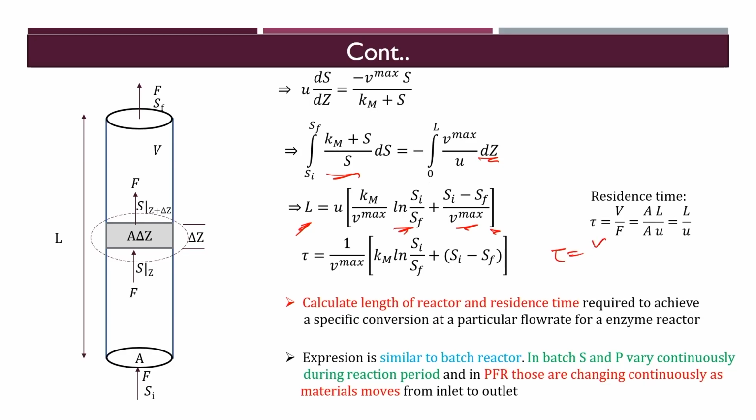Tau is defined as V upon F. V is area into length, and flow rate is area into velocity. So, A can be cancelled out, giving length upon velocity.